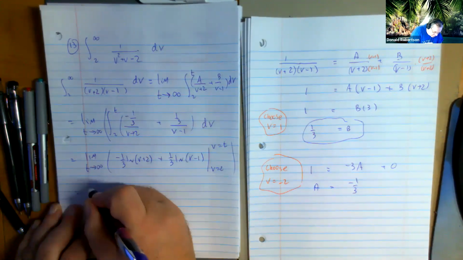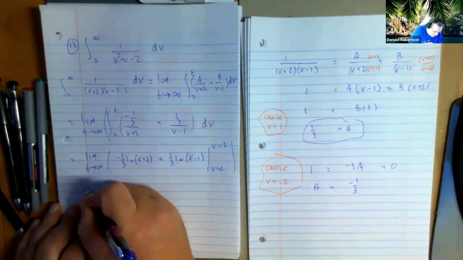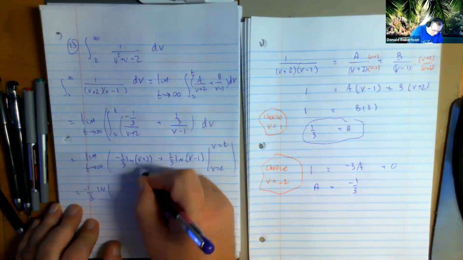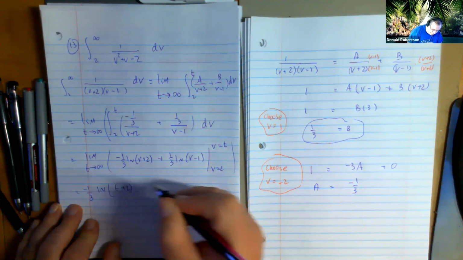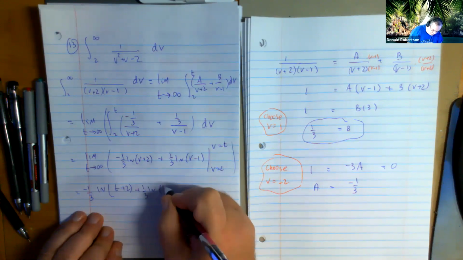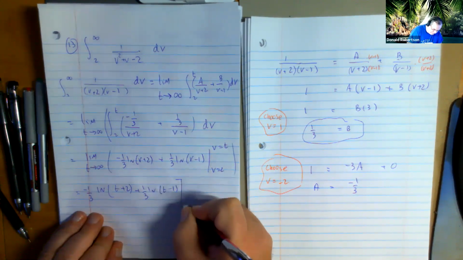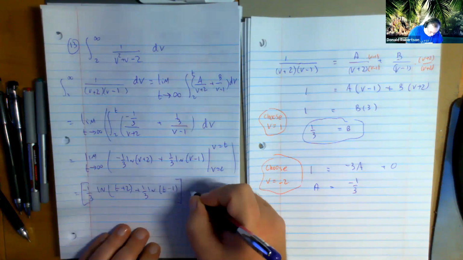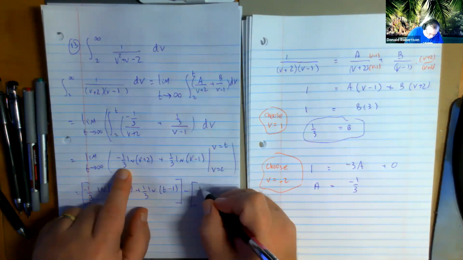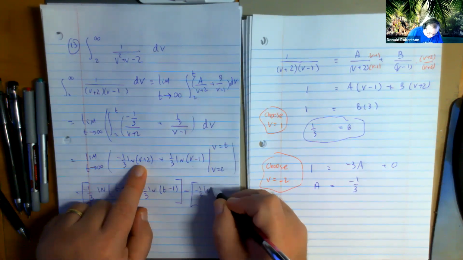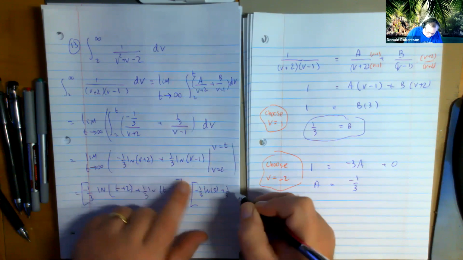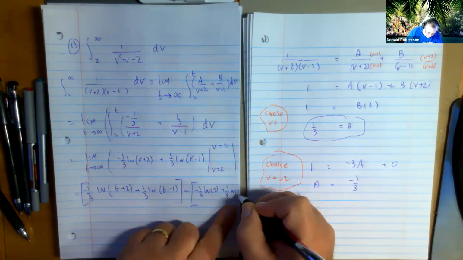Now it starts becoming a bit messy. -1/3 the natural log of t plus 2 add 1/3 the natural log of t take away 1, subtract -1/3 the natural log of 4 plus 1/3 the natural log of 1.